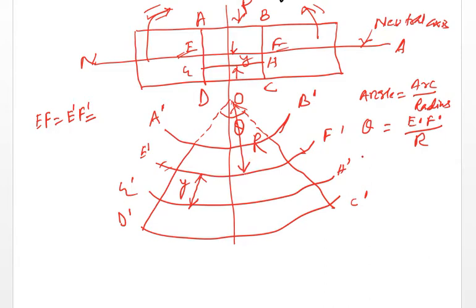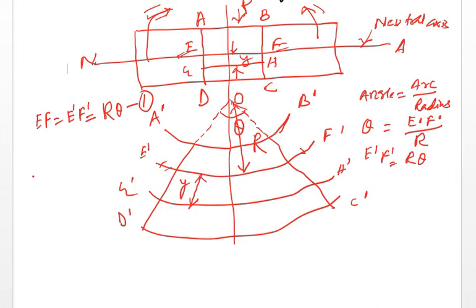So E dash F dash is equal to R theta. So EF is equal to E dash F dash is equal to R theta. This is suppose equation number 1, correct? So we got the value of EF and E dash F dash, that is R theta.